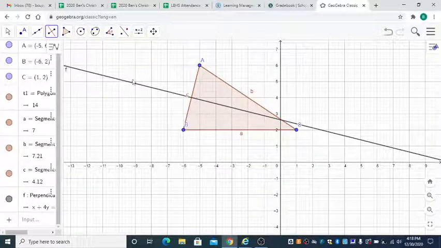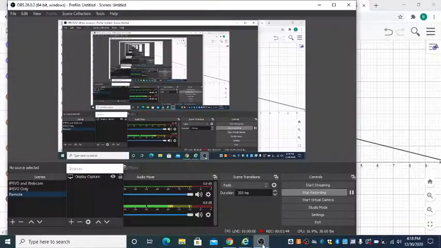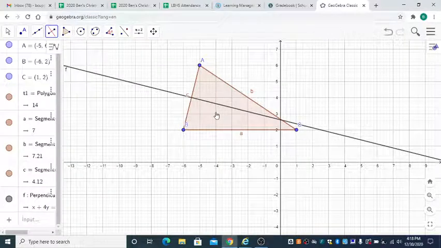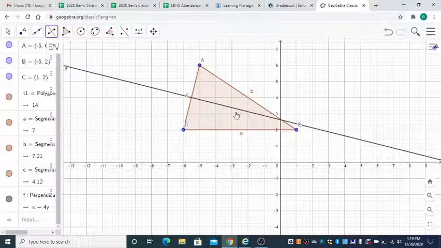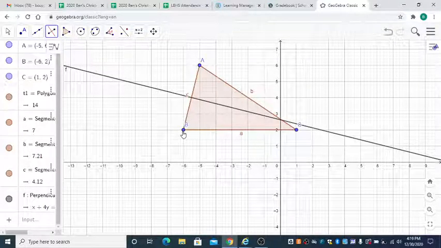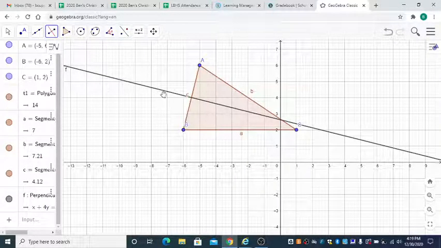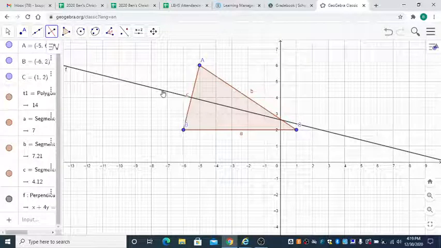Now, what did we say about any point along this segment? Any point along this perpendicular bisector is going to be the same distance from point A as it is from point B, okay? So this point, what do we know about it? It's the same distance from point A and point B, okay?